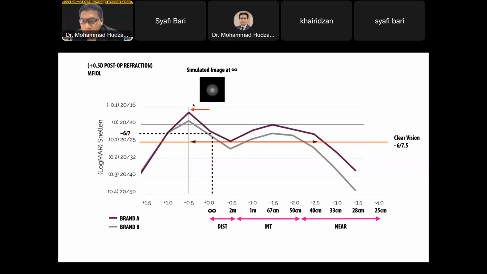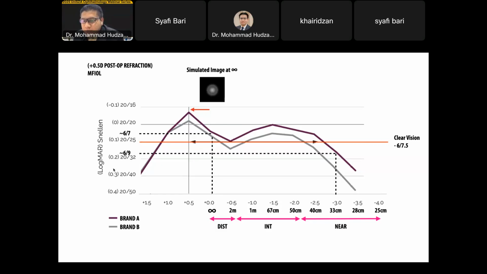What about if we miss the target and post-op refraction is plus 0.5? Now, the peak is now moved forward beyond infinity. So the vision at distance now is dropping at 6/7. Worse is vision at near now drops very bad to 0.9.